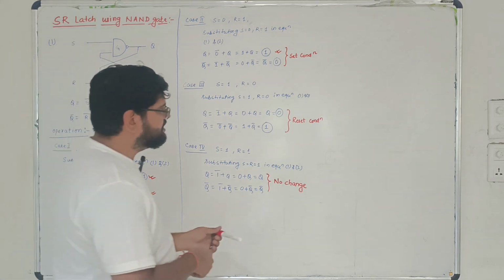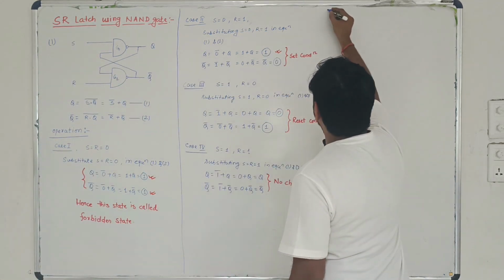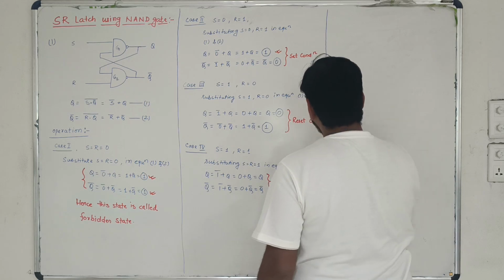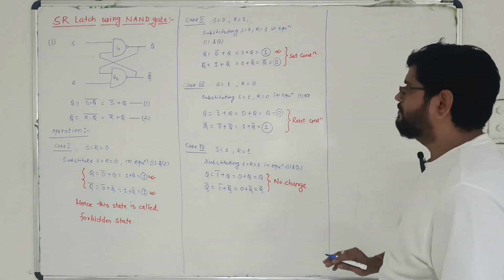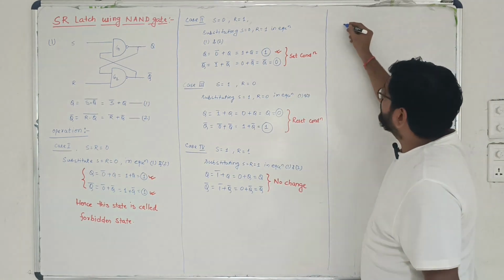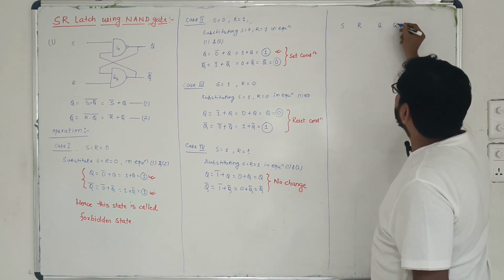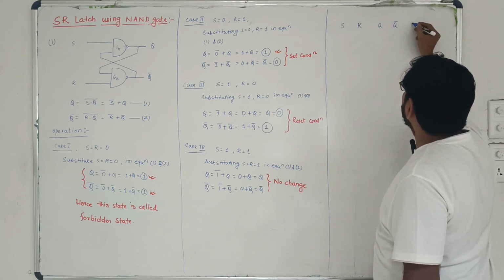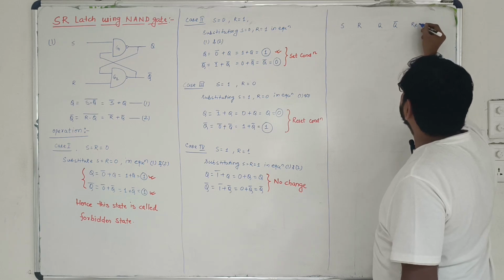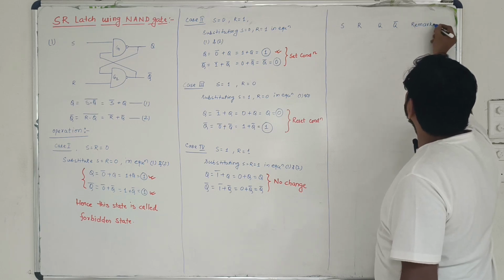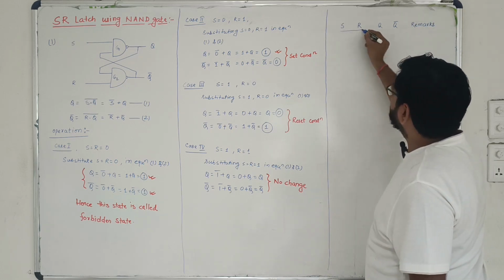Now, after having this, we'll finally go for designing its truth table. Once you are done with the operation, designing of truth table becomes very simple. You will go for S, R, then Q, Q bar, and then here you will write down remarks. 2 input variables are there.